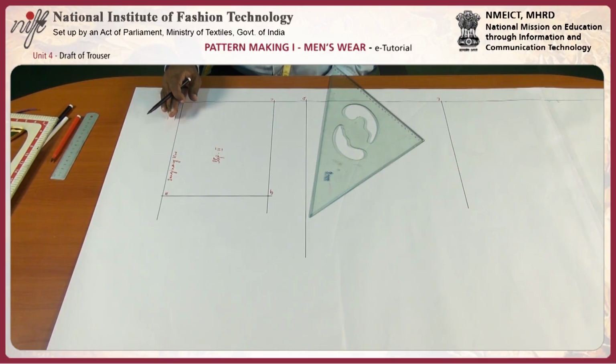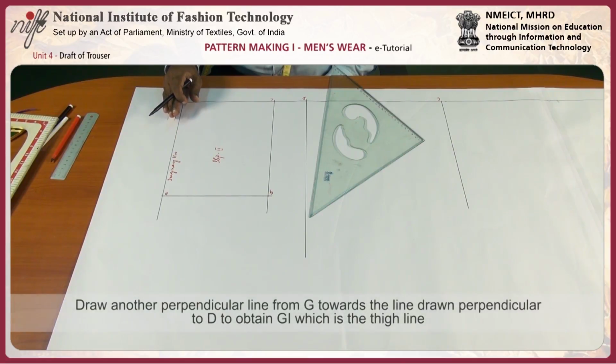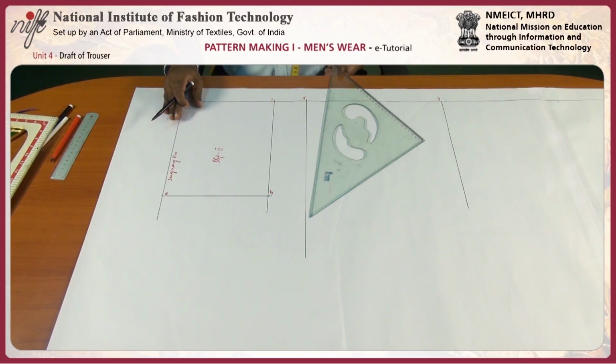Draw another perpendicular line from point G towards the line drawn perpendicular to point D to obtain GI, which is called thigh line.